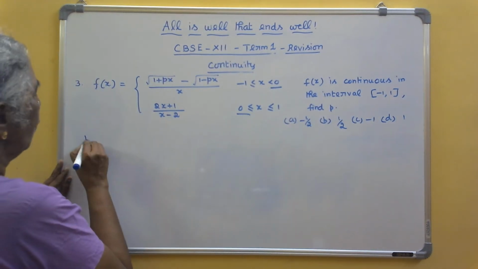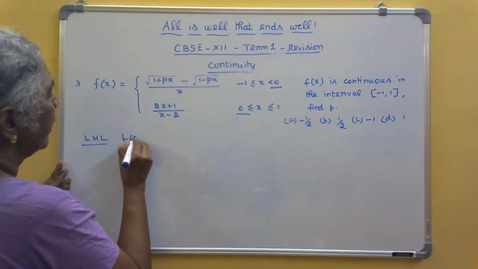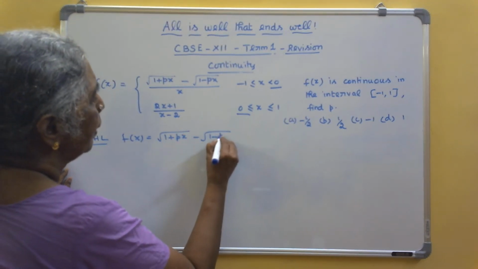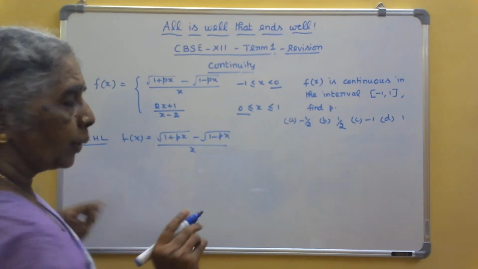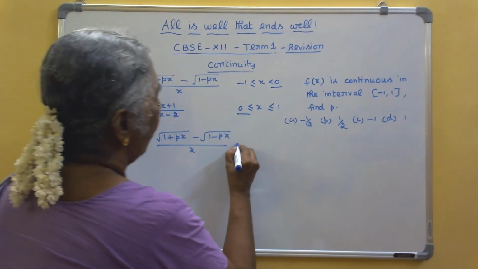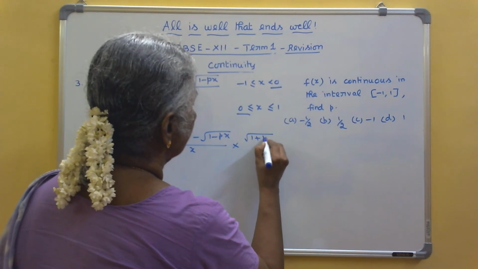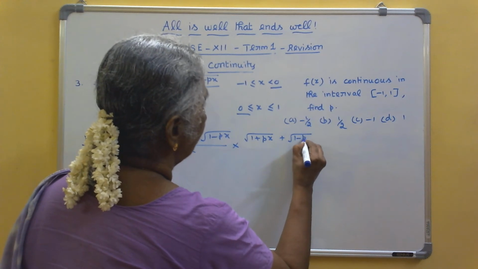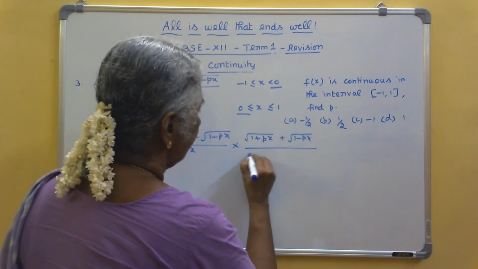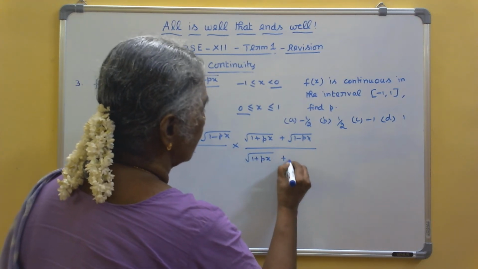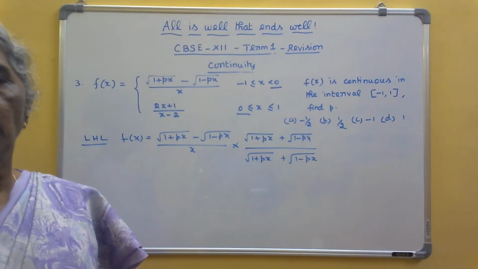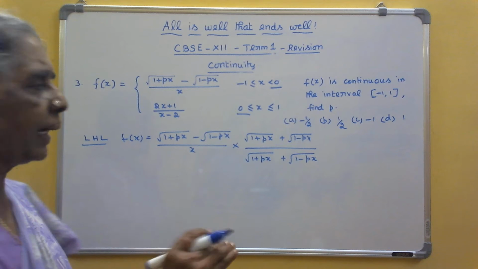So now let us go for the LHL. There f of x is given to be (root of 1 plus px minus root of 1 minus px) by x. I told you already, whenever you get a root like this, use the conjugate. So I will multiply the numerator as well as the denominator by root of 1 plus px plus root of 1 minus px; this minus will become plus and the rest will be as it is. Now the numerator is like a plus b into a minus b, which is a squared minus b squared.